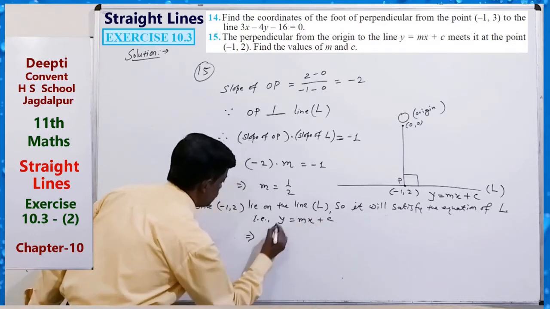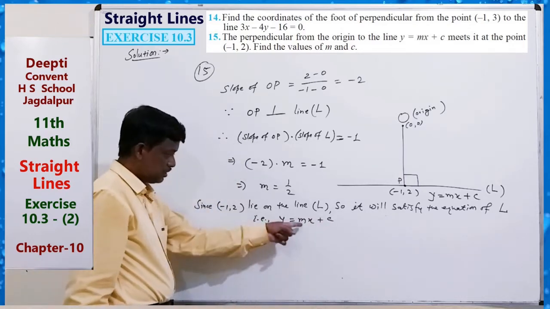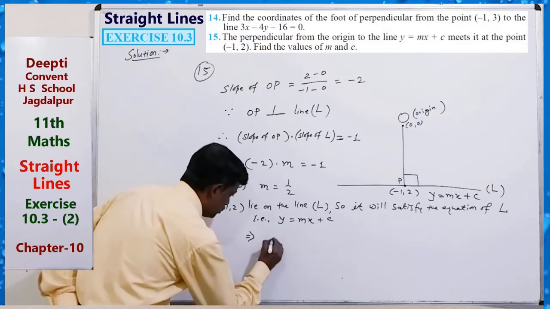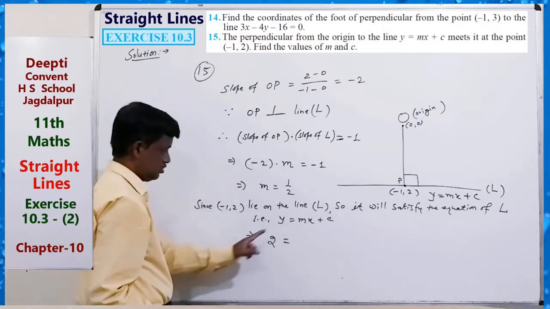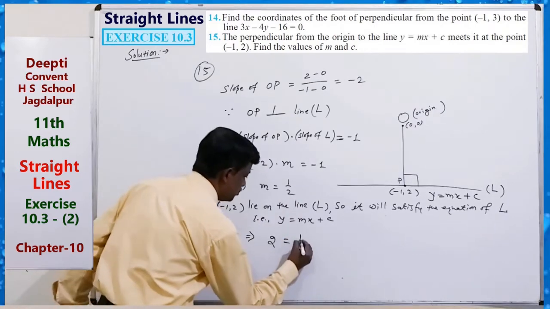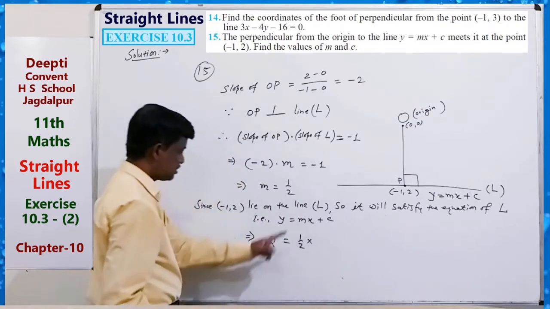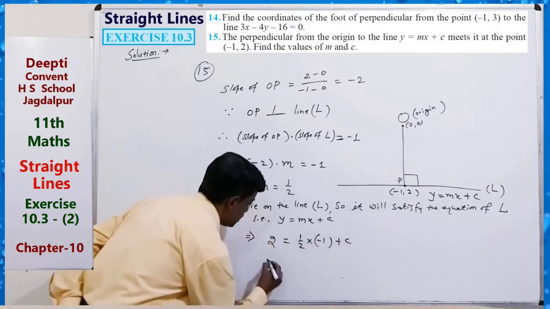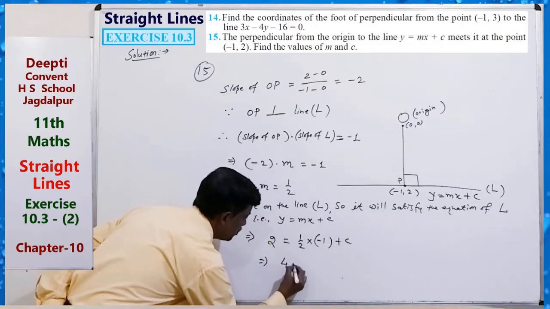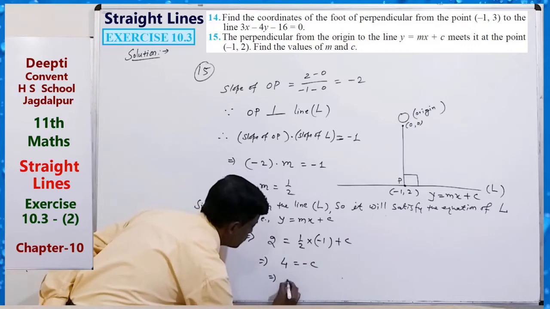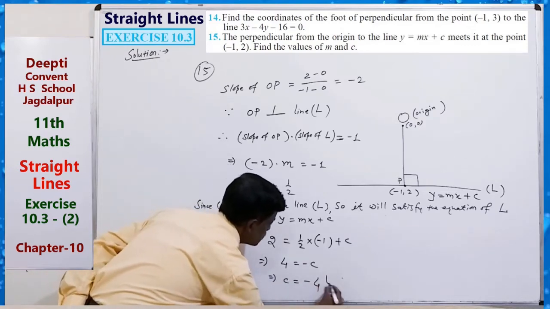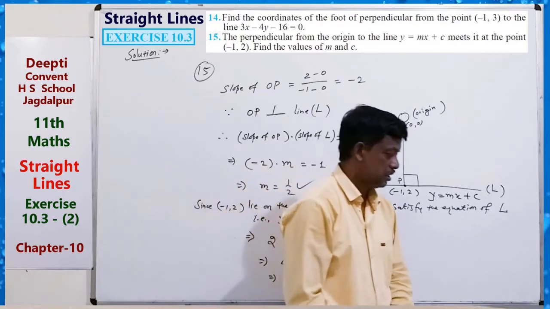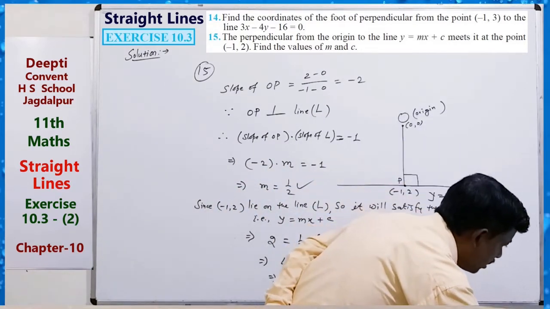So y means 2 equals m means 1 by 2 times x means minus 1, plus c. So c can be found from here.